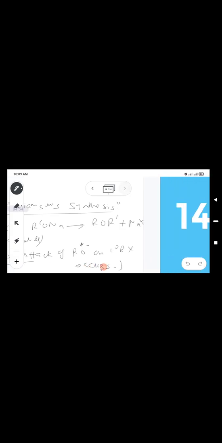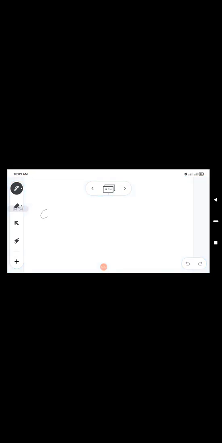So I'm taking one example. Suppose you are asked how will you convert chloromethane into methoxy tertiary butane. This is CH3 group.